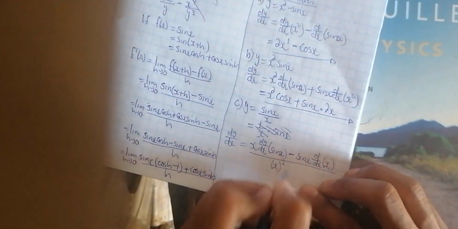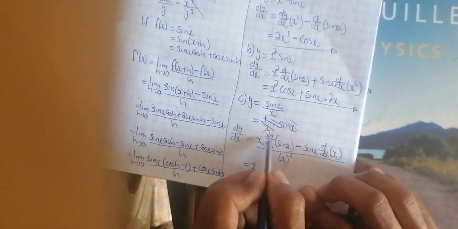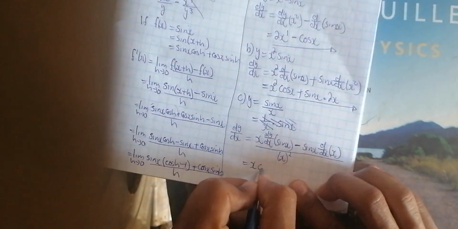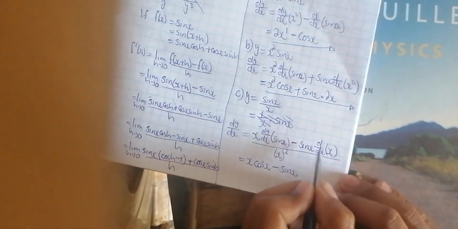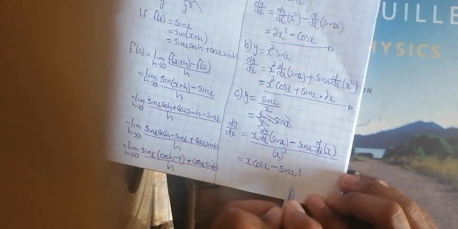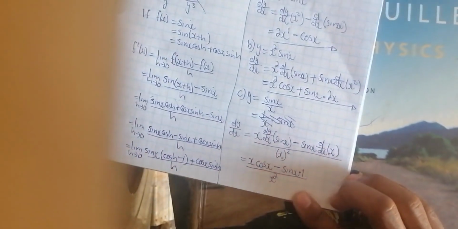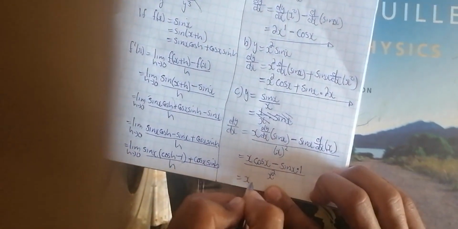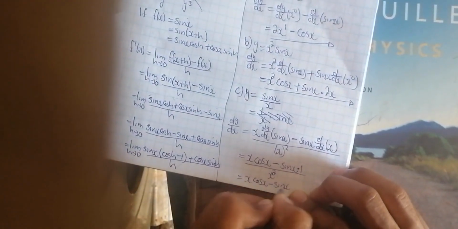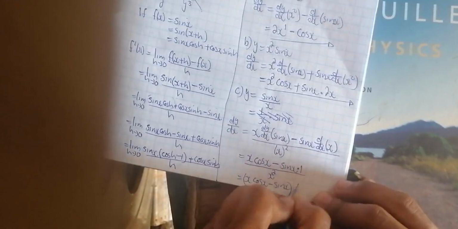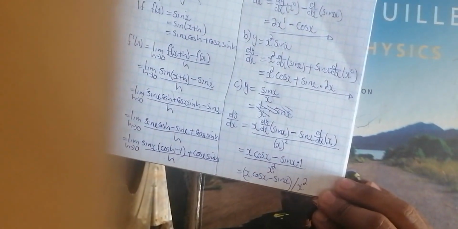So you take the denominator and you square it. What is the derivative of sine x? The answer is cos x, minus, you have your sine x. What is the derivative of x? The answer is 1. Divided by x squared. And somebody might want to say, okay, x cos x minus sin x all divided by x squared, and that becomes the answer for you.